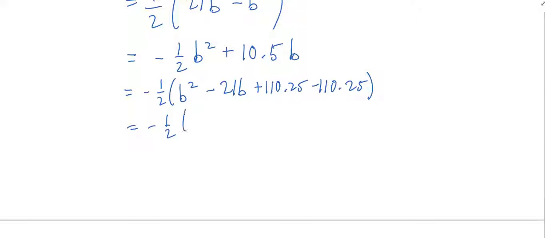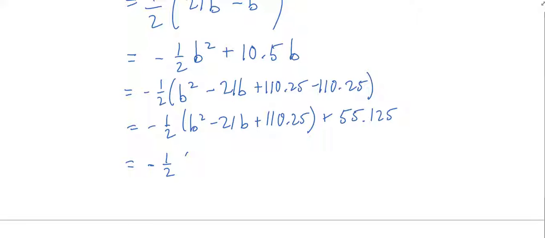Negative 1/2 b squared minus 21b plus 110.25. Take the negative one out, multiply by what's in front. So now I got to multiply this by 1/2 again. And that gives me, just using my calculator, 55.125. And there we go.